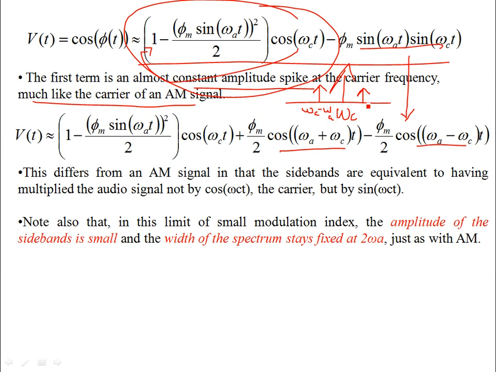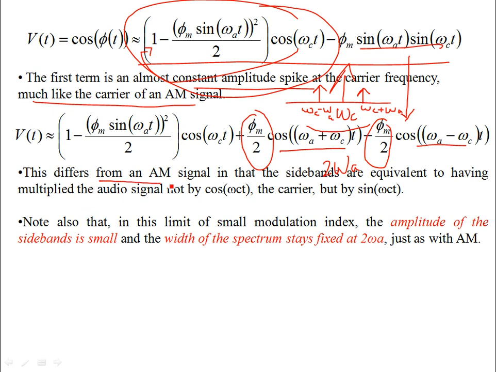This is a spectrum very similar to the AM. The bandwidth of this spectrum is twice omega a, just like the AM we have discussed earlier. So this expression is just like an AM expression in the transform domain, except that you have weak strengths of the sidebands because your modulation index is small.